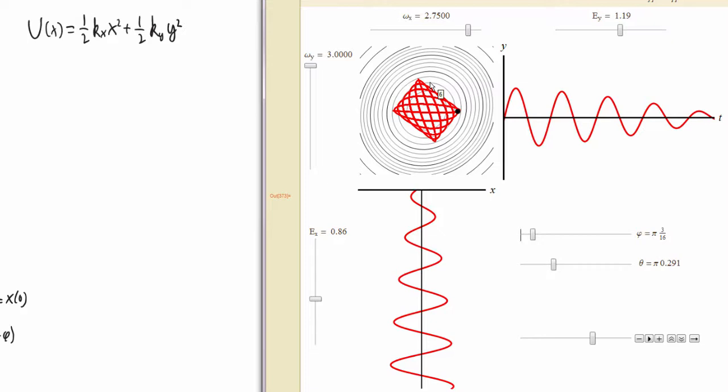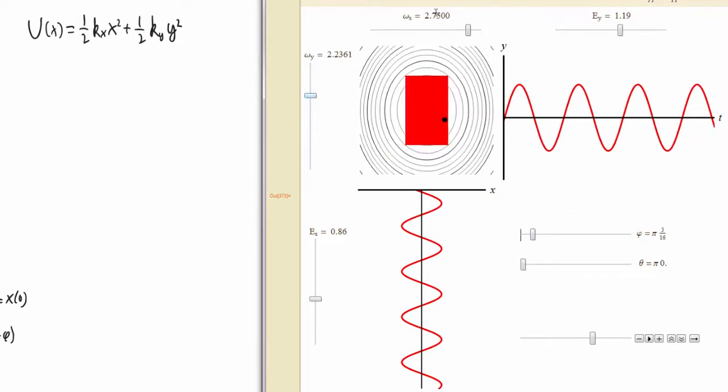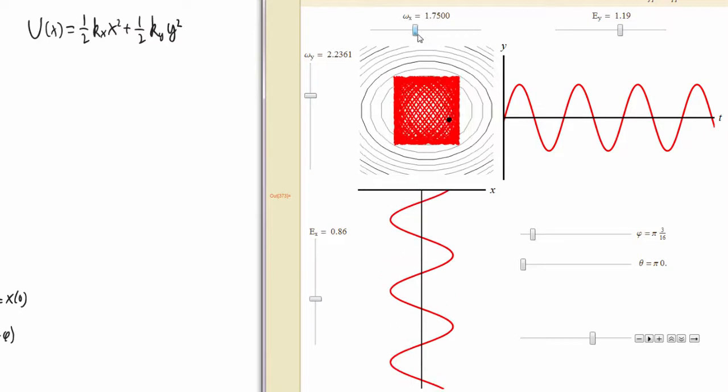So I'm going to end this video now with a question for you. If we turn this back to the rotation, we can see here that no matter what omega x and omega y we choose, the oscillator explores an area that is a rectangle. Now, if you think about it, that's a little strange, right?